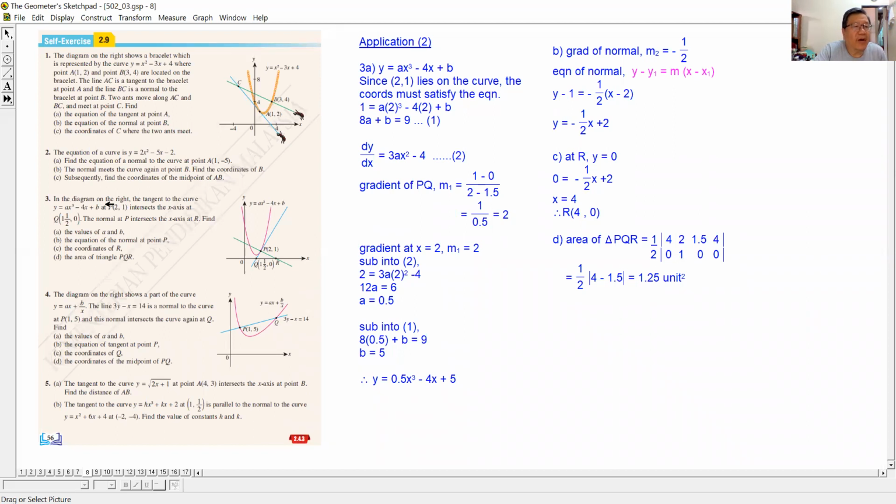In the diagram on the right, the tangent to the curve y equals ax cubed minus 4x plus b at point P (2, 1) intersects the x-axis at Q (1.5, 0). Normal at P intersects the x-axis at R. Find the values of a and b.